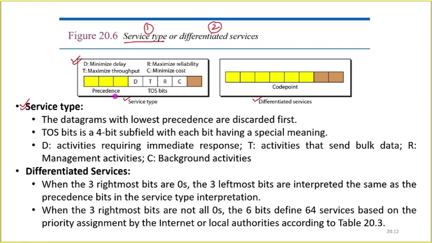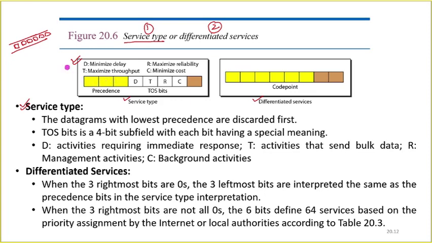What is the meaning of precedence? Datagrams with the lowest precedence are discarded first. Precedence gives a preference to different data. Suppose there is congestion in the channel. Which packet should be dropped is decided by these most significant 3 bits.